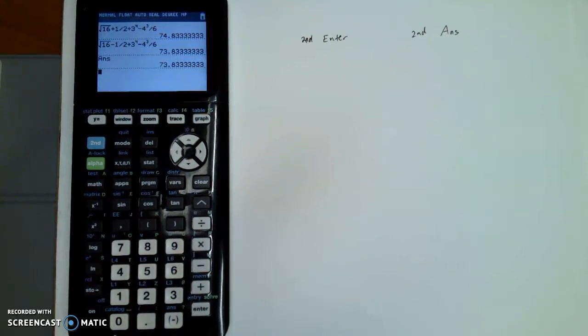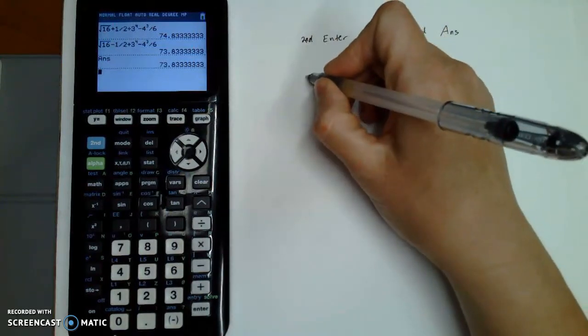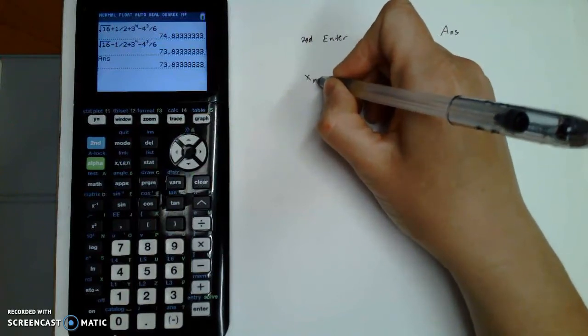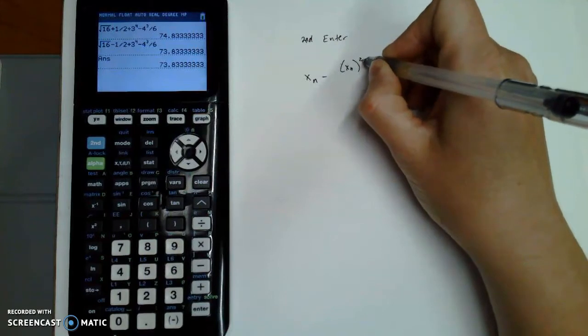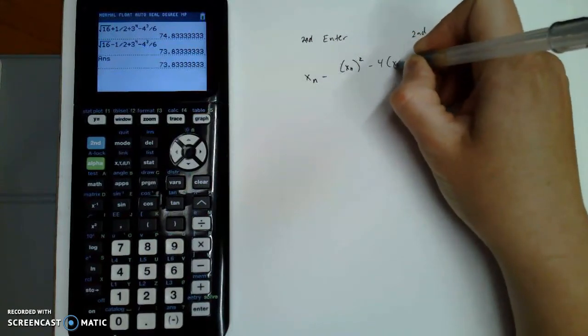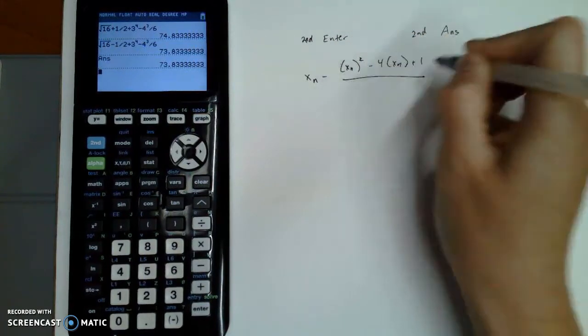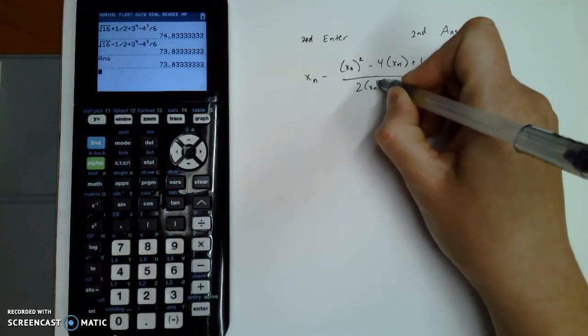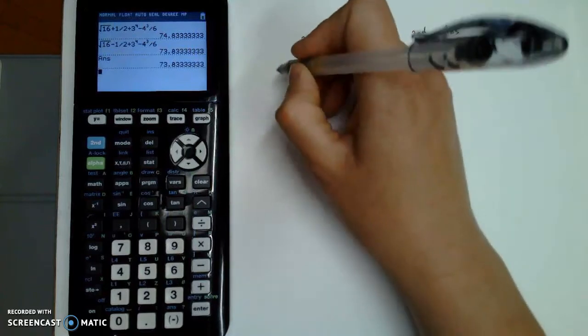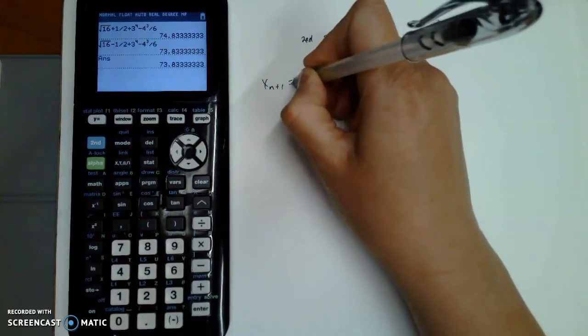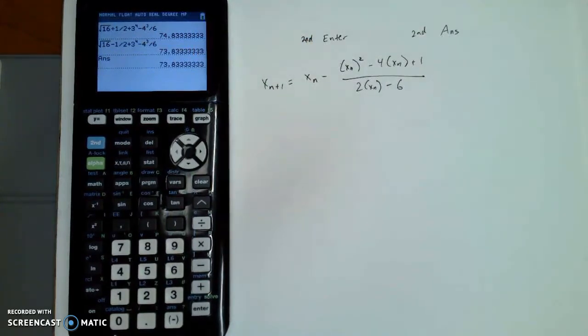In calculus, we have certain problems where I might have a problem that has x sub n minus x sub n squared minus 4 times x sub n plus 1, over 2 x sub n minus 6. And that's going to give me my next iteration.